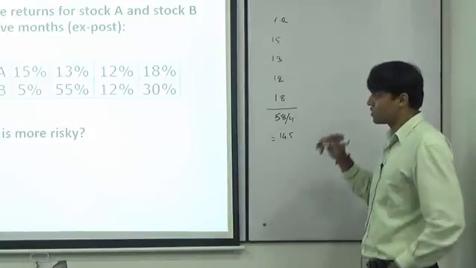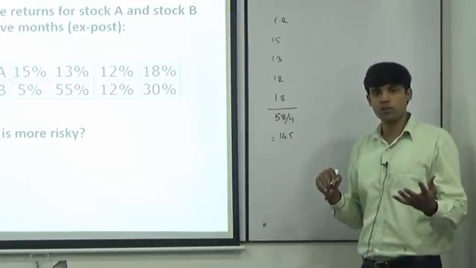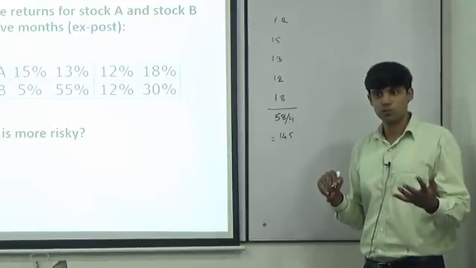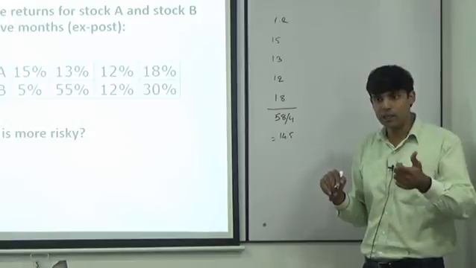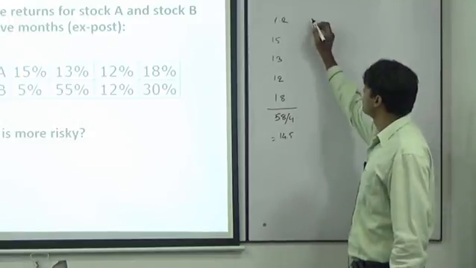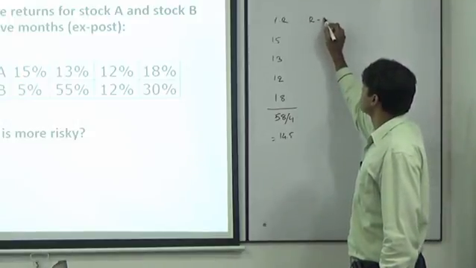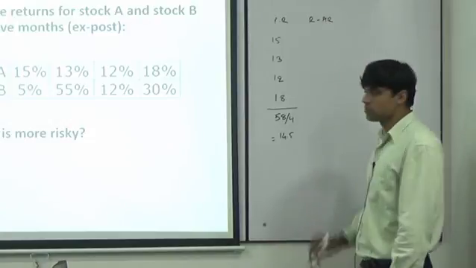Now next step, because I have to capture what? Deviation from what? मुझे deviation किससे capture करना है? Mean level से. So next step is, what is that deviation? So return minus average return.